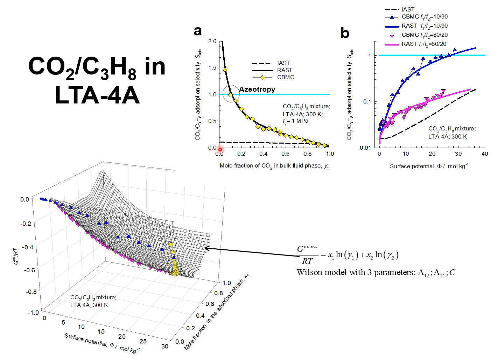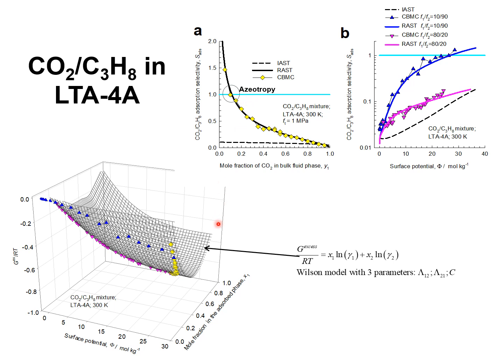The y-axis represents the adsorption selectivity, and the x-axis is the mole fraction of CO2 in the bulk fluid phase. We notice a selectivity reversal at a mole fraction of CO2 of approximately 0.1 in the bulk fluid mixture. This selectivity reversal also signifies the occurrence of adsorption azeotrope.